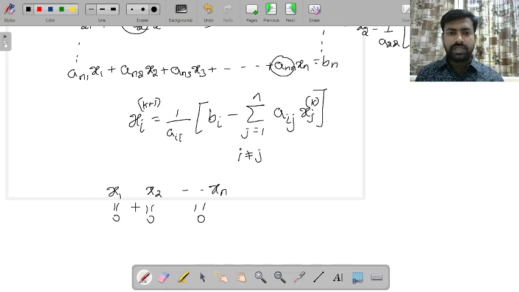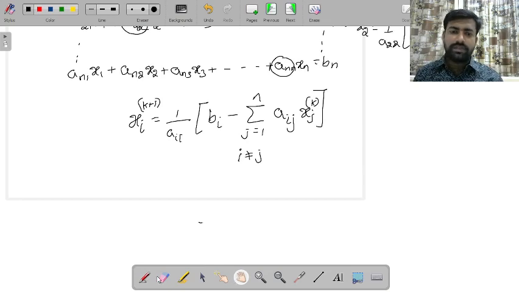Okay, so by substituting these xi's in this formula, we'll obtain x11, it means the numbers after the first iteration, and so on up to xn1. Okay, fine.